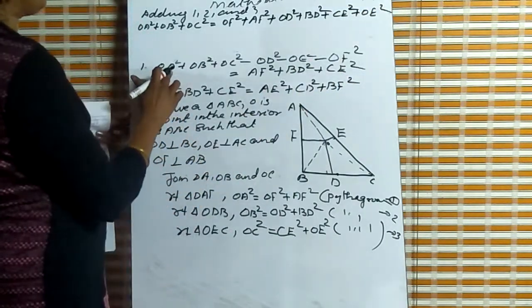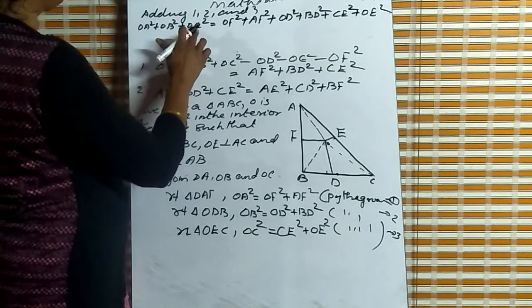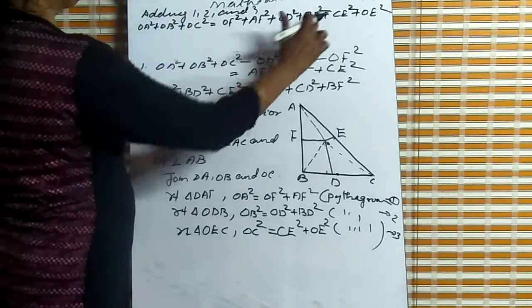Our question is prove that OA square plus OB square plus OC square minus OD square.